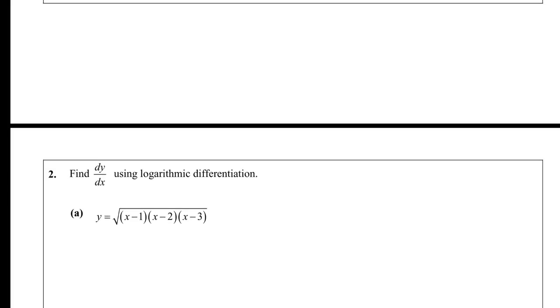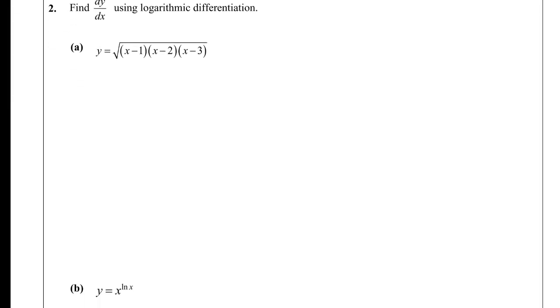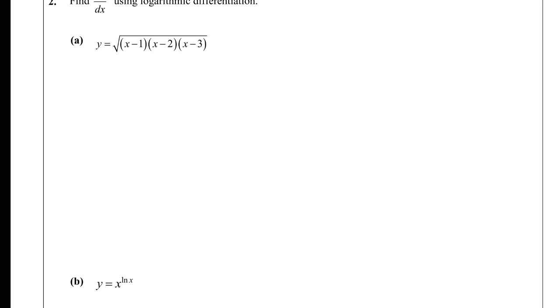All right, on to logarithmic differentiation. So in this first one here, it just looks a little complicated. I wouldn't have to use logarithmic differentiation here, but I'm going to because I think it's going to make it easier. The first thing I'm going to do is rewrite this as x minus 1 times x minus 2 times x minus 3, all to the 1/2.